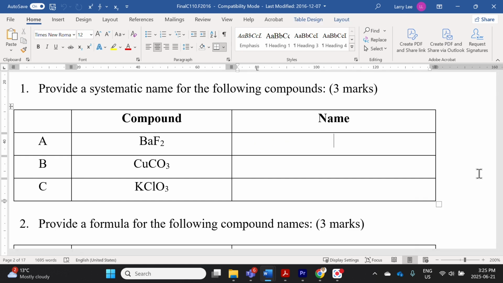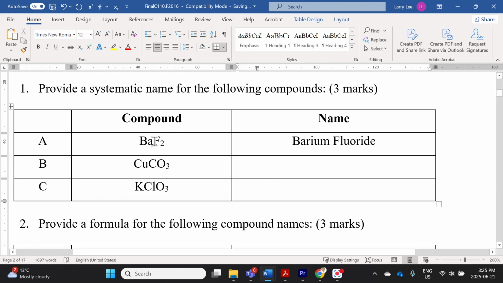So this is just barium fluoride. Remember the monoatomic anions, the ones that have only one type of element, we have an IDE ending. You have to remember IDE. Okay, so this is barium fluoride.